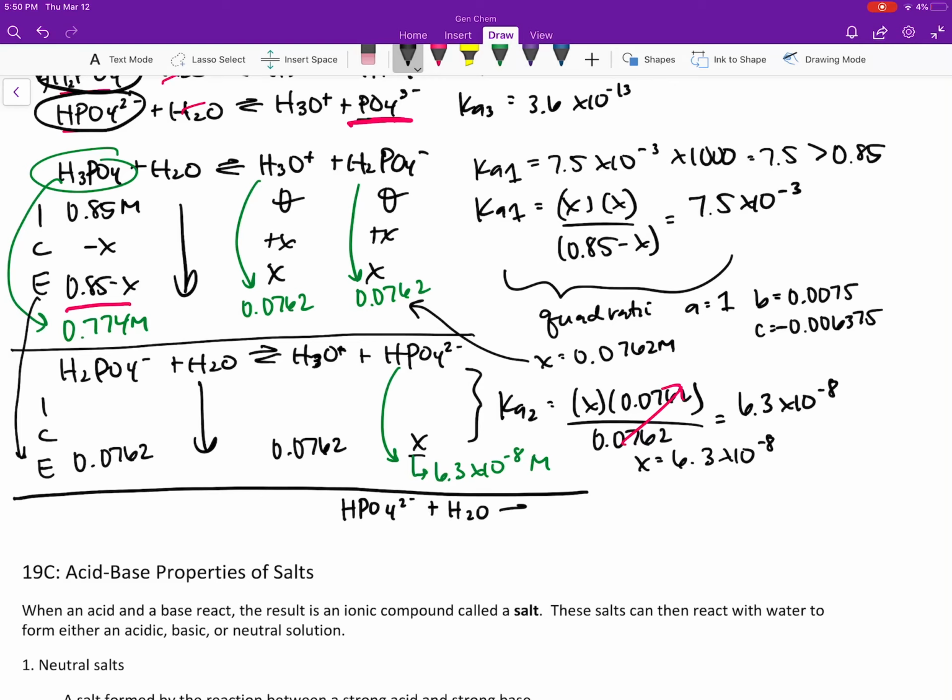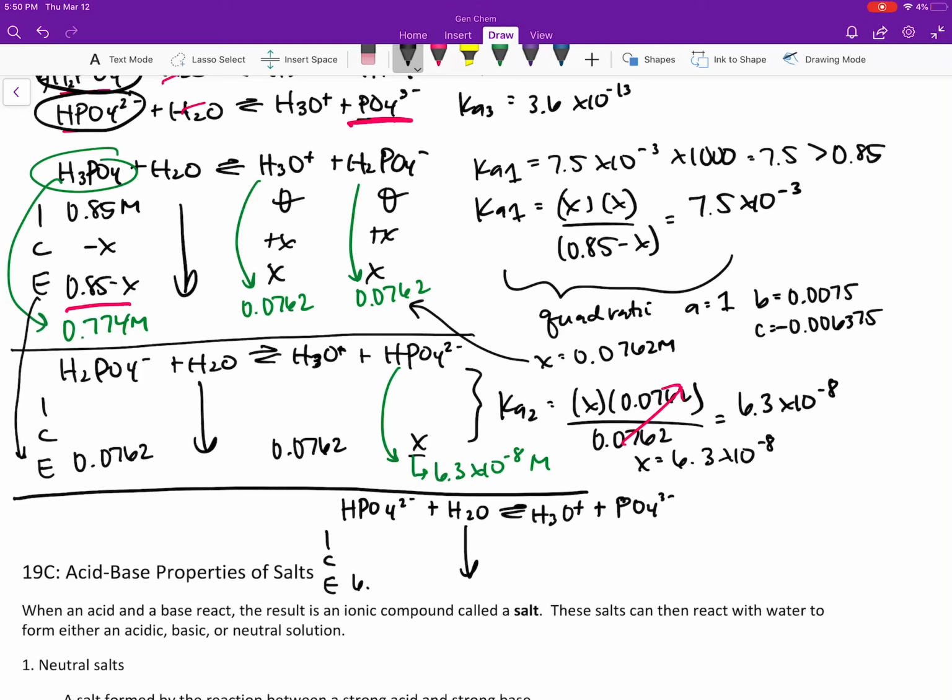Now the tricky thing about these ice tables is they look a little bit different than what we've had in the past, because we don't have initial values for all of them, but the nice thing about the ice table is it's really just meant to help you organize what you have.